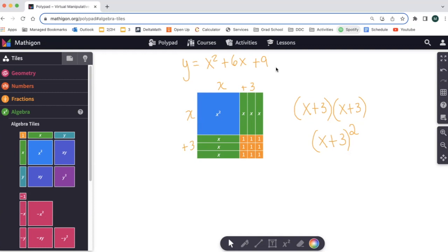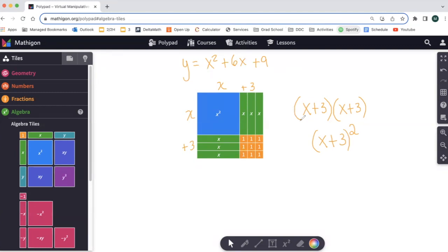It appears that to go from our b value to our factors, the b value is split in half. We can see 6 x's, or 6 is split 3 here and 3 here. And the final block seems to be the b value cut in half and squared.